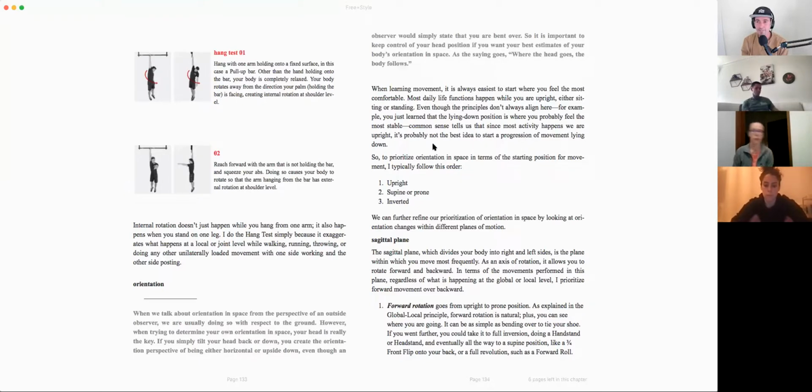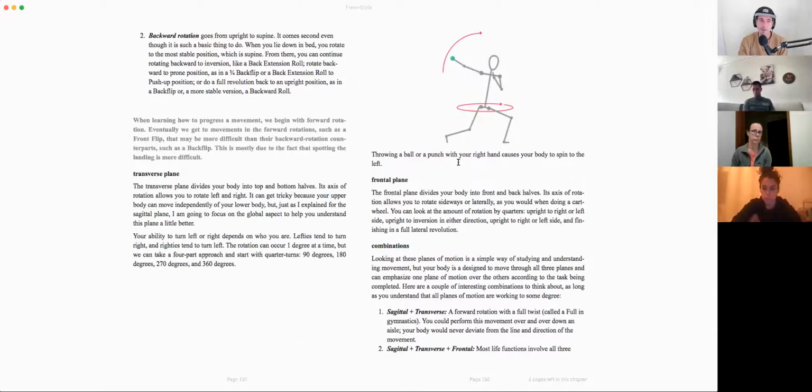Does this make sense? Me adding a point of contact to create stability while hanging with one arm would be having somebody holding my hand that is not holding onto the bar and pulling me in that direction. That would give me stability. That would be a point of contact. This little nuance right here is extremely powerful to keep in mind.